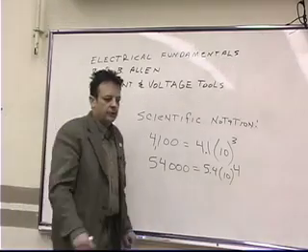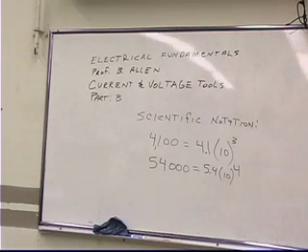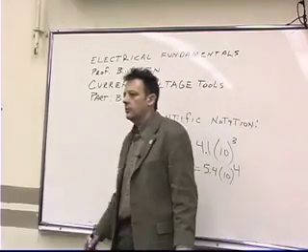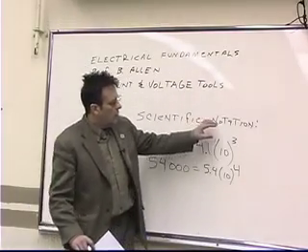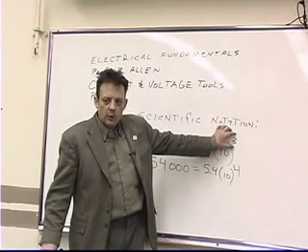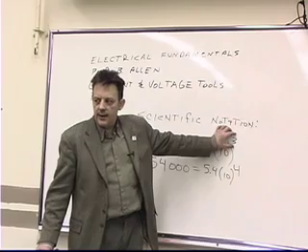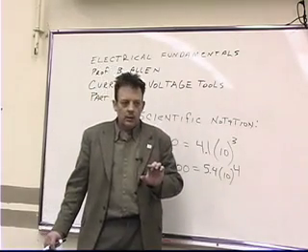And we could do others as well. But let me tell you what the difference between engineering notation and scientific notation is. The difference is that we always move the exponent on our power of 10 in increments of 3.